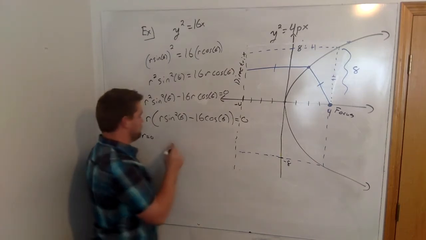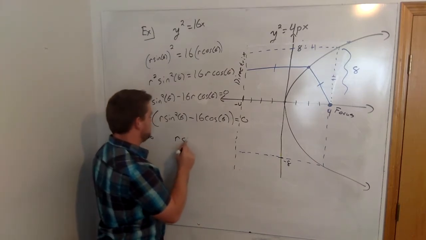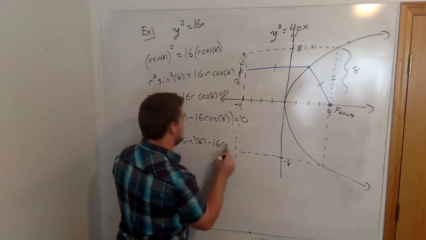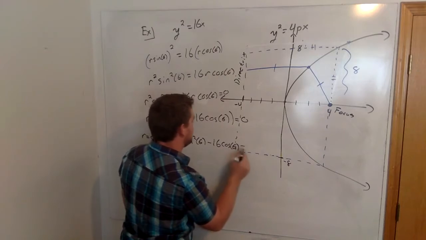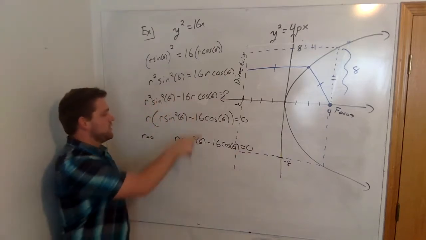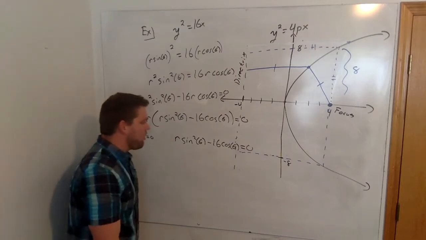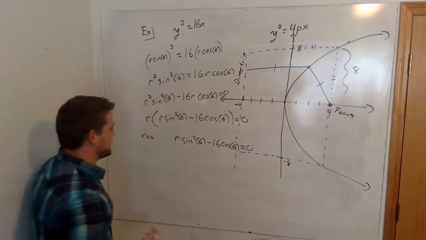But what also would be true is that r sine squared of theta minus 16 cosine of theta would also be equal to 0. That's what we're getting from this piece. Okay, let's go ahead and solve for r here, just to make it look kind of nice.